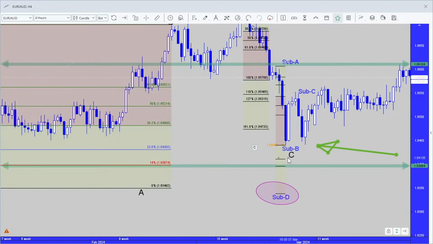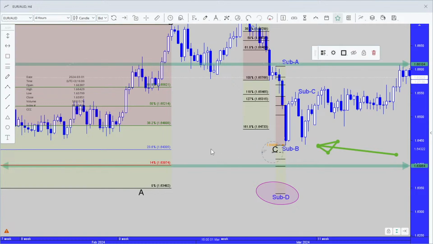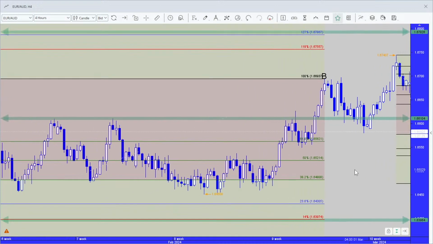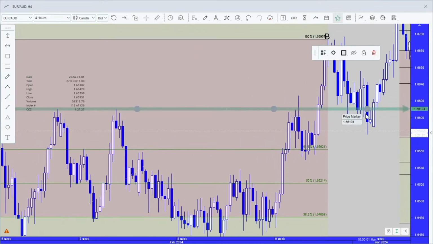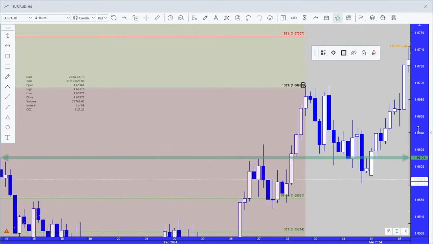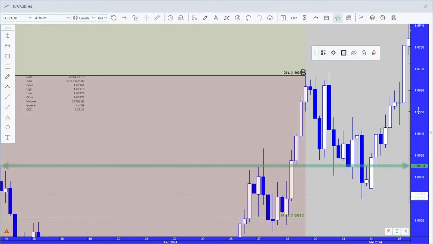From the Euro AUD 4-hour chart, the C was confirmed. Capital B. It is. That's the high. Yes, it is.